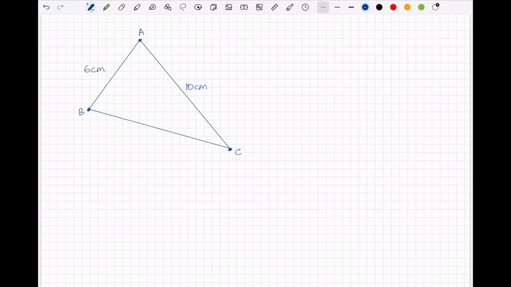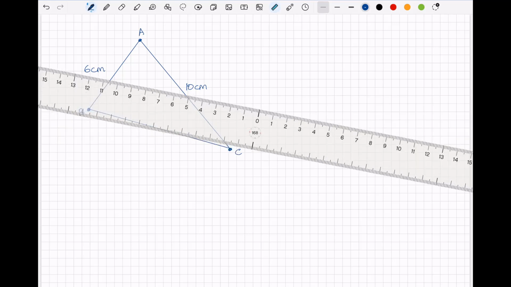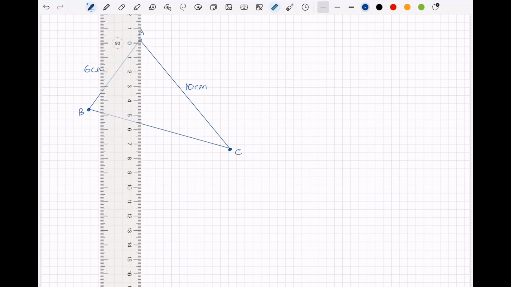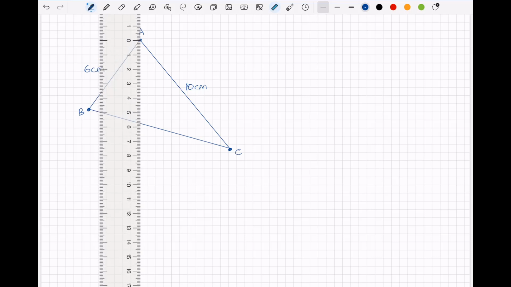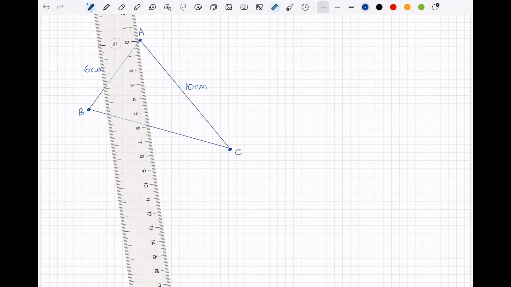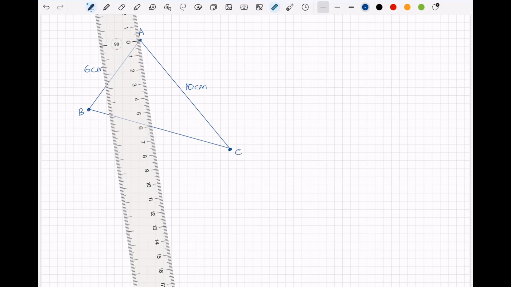Now I also want to add another side, also of length 6, that comes from point A and connects to the line BC. If I just rotate the ruler until we get those two connecting, that looks pretty good.